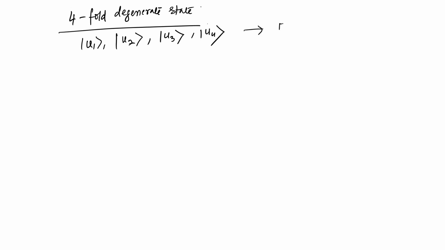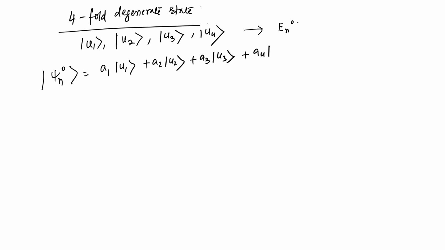Let us call that energy En0, and so your psi n0 is A1 U1 plus A2 U2 plus A3 U3 plus A4 U4.